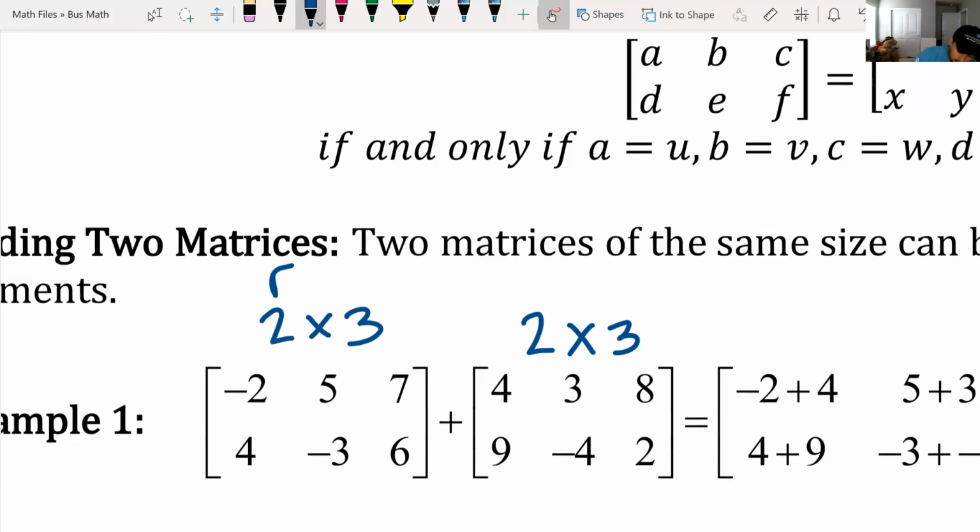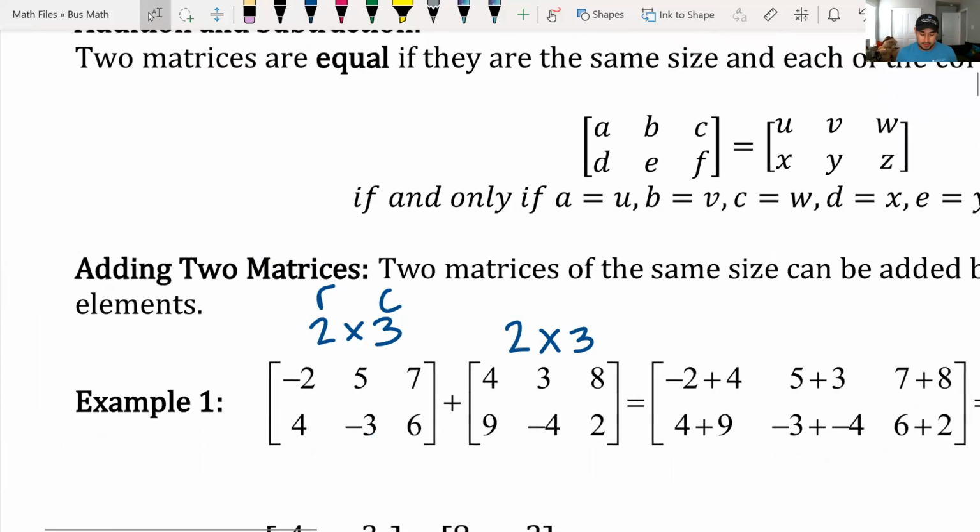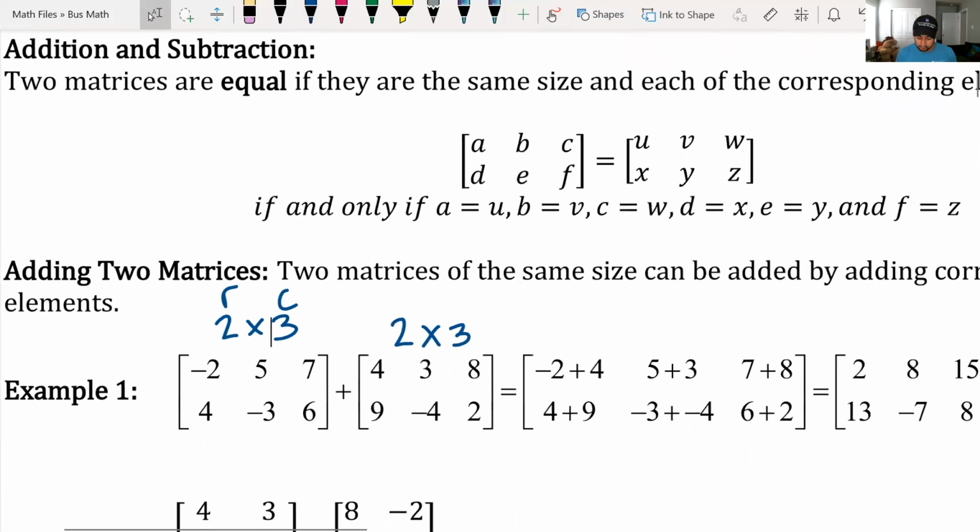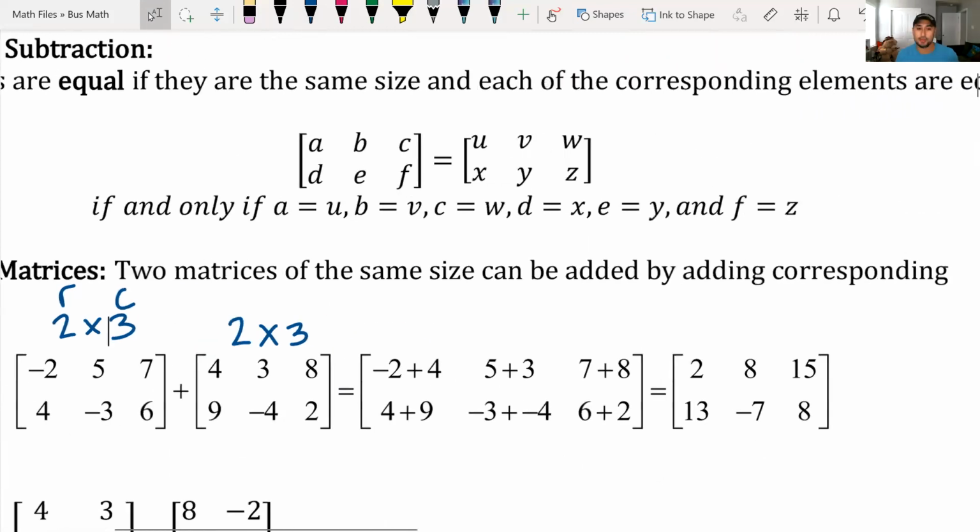So rows, columns. Okay, and you see the corresponding operation. You get -2 plus 4, so the first element in the first matrix plus the first element in the second matrix. -2 plus 4, 5 plus 3, 7 plus 8, 4 plus 9, -3 plus -4, and 6 plus 2.